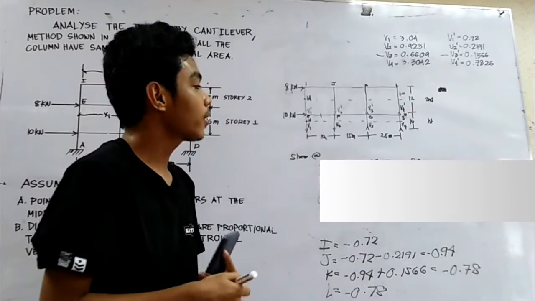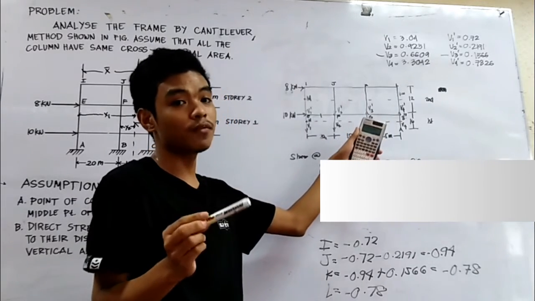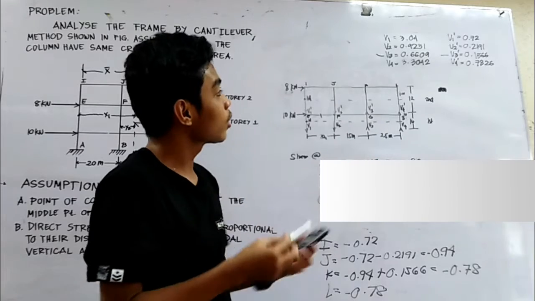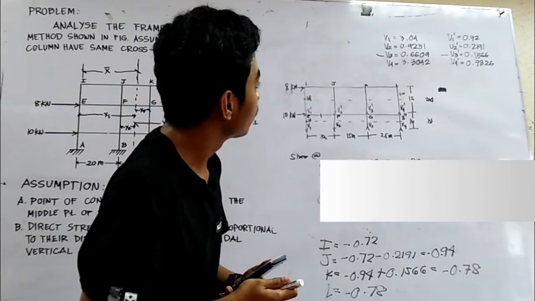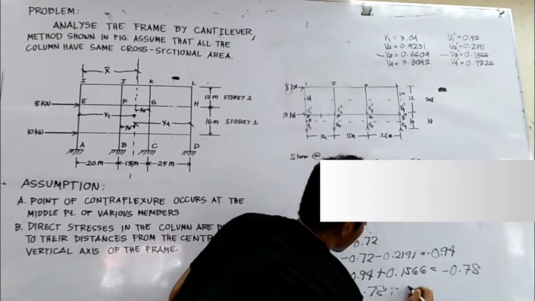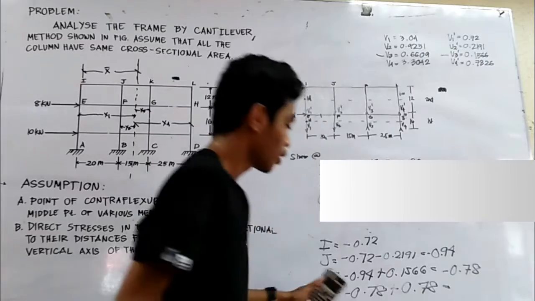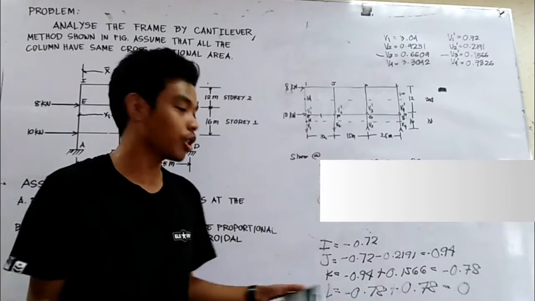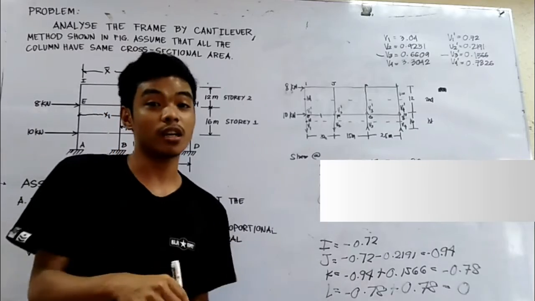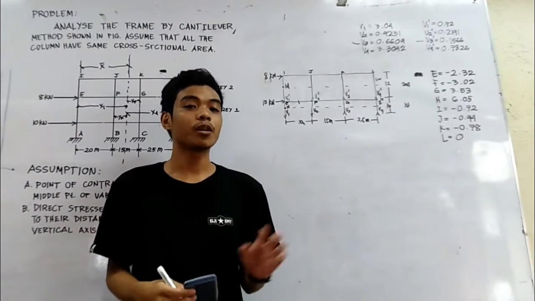Then, yung nag-aact na forces is yung V4 prime lang, which is yung direction niya is moves towards the point L. So, magiging positive 0.78 is equal to, so magiging 0. So therefore, since 0 yung nakuha natin dito sa shear natin, ibig sabihin tama yung numerical or yung solution natin na ginawa.